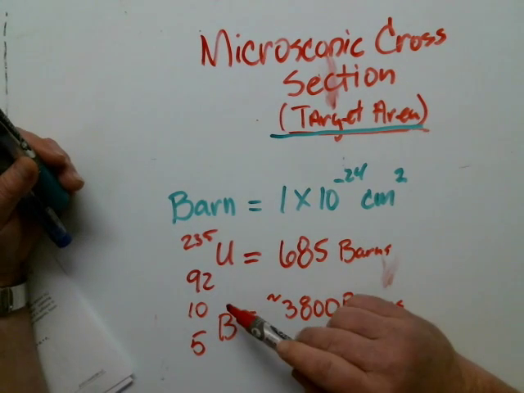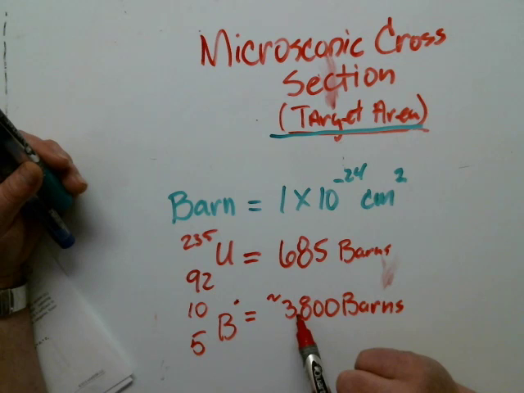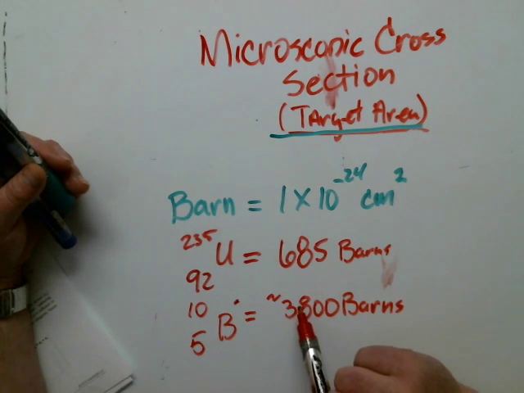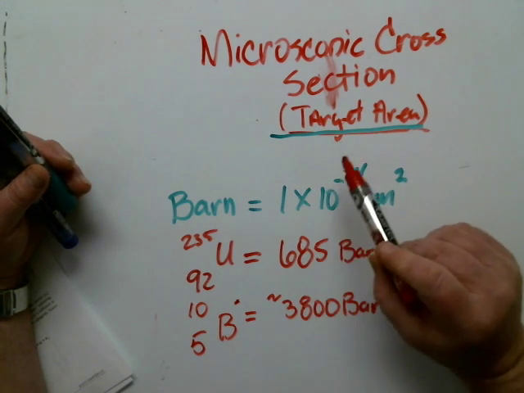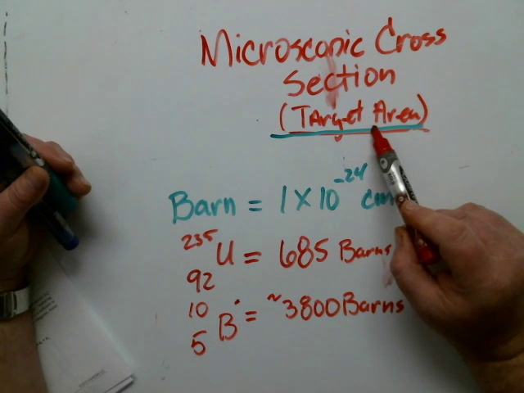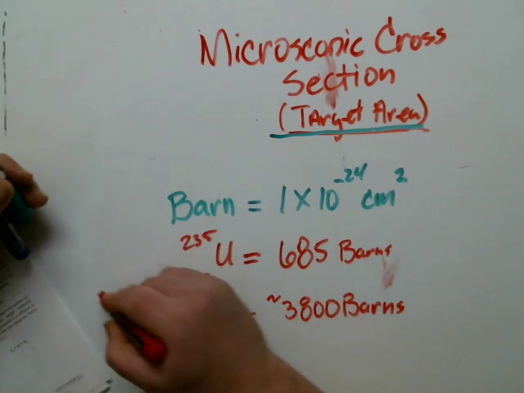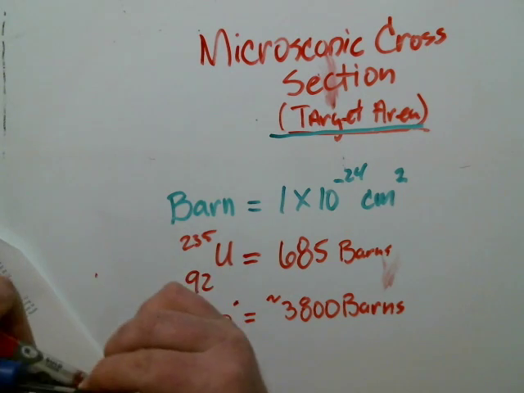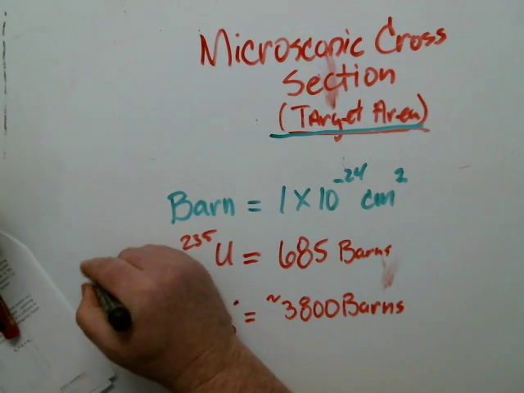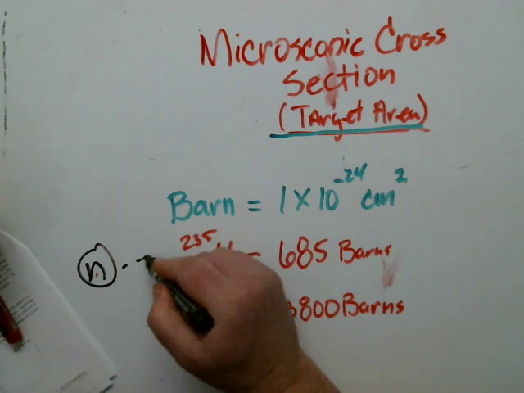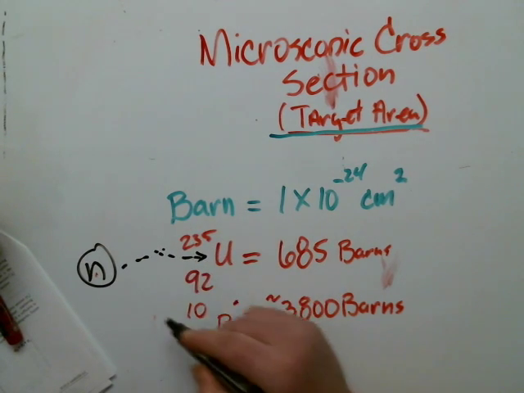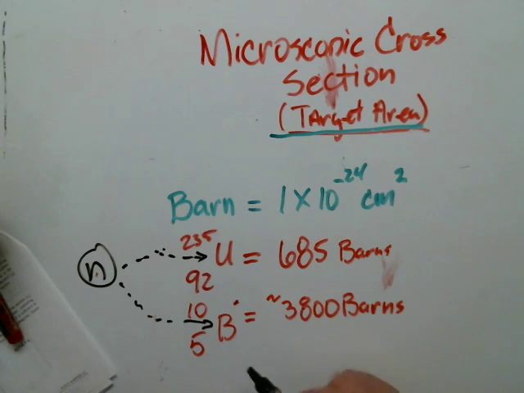So you can see that if I have boron target area versus uranium target area, boron represents 5 to 6 times the target area. Each atom of boron is essentially 5 to 6 times bigger in terms of what it looks like to the nucleus. It's not physically bigger. It's in actuality just the probability that if a neutron was coming in here and had to decide which one it wanted to interact with, do I want to interact with this uranium or do I want to interact with this boron?